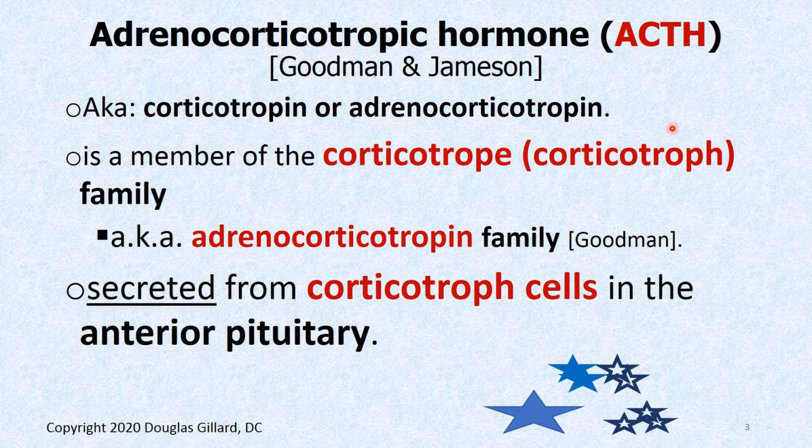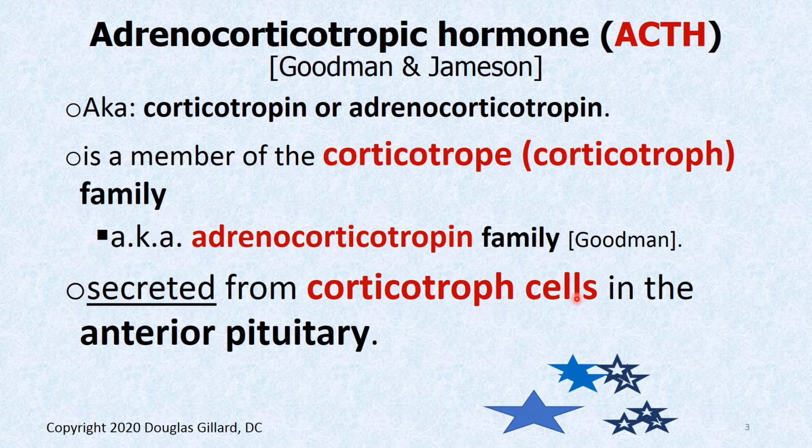So ACTH is also known as corticotropin, adrenocorticotropin. It is a member of the corticotrope family. Some authors say corticotrope, some authors say corticotroph. And guess what cells it's secreted from?